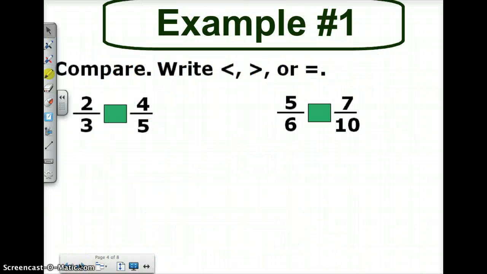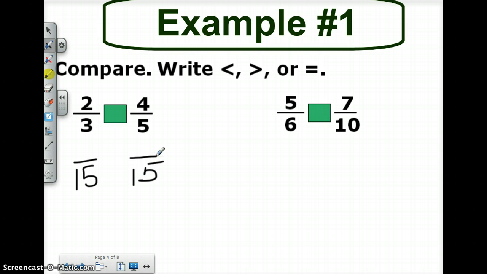First, we want to go ahead and compare 2/3 and 4/5. But let's find a common denominator for 3 and 5. It's as easy as multiplying 3 times 5. 3 times 5 is 15, so that will be our new denominator.